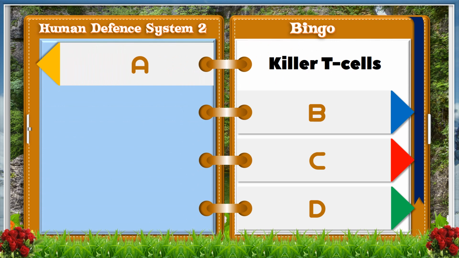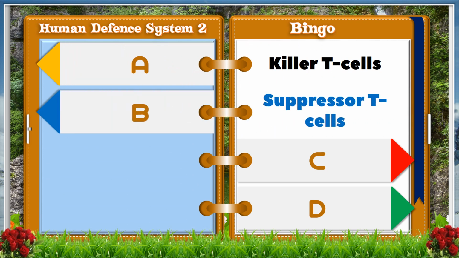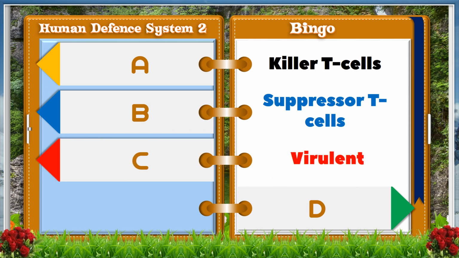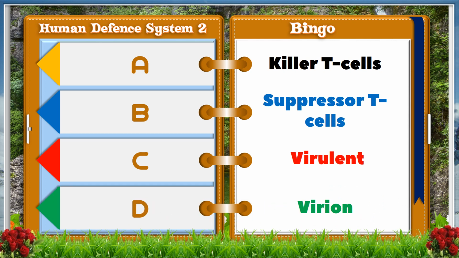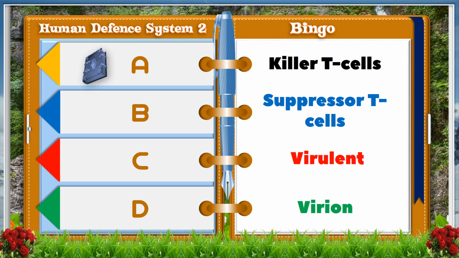A. Killer T cells, B. Suppressor T cells, C. Virulent, D. Virion. And the answer is A. Killer T cells.